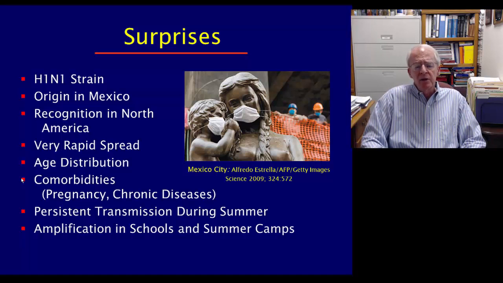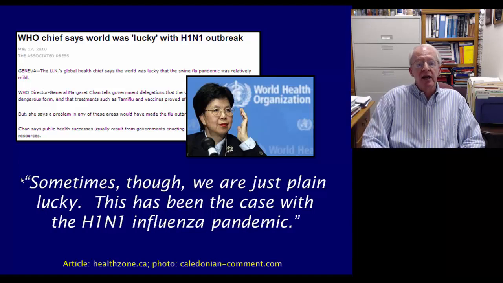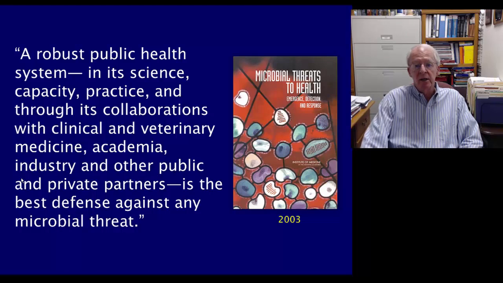And it was amplified dramatically in schools and summer camp settings. Here's a photo of Dr. Margaret Chan pointing out that at the time, sometimes though we are just plain lucky, this has been the case with the H1N1 influenza pandemic, which was not as severe a pandemic as many people had been predicting.